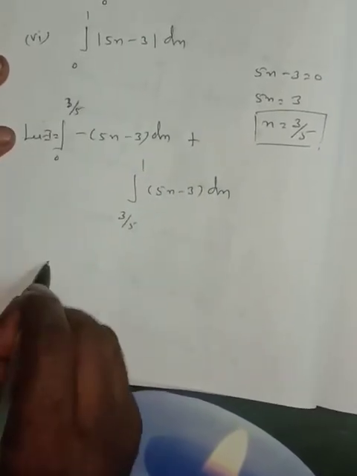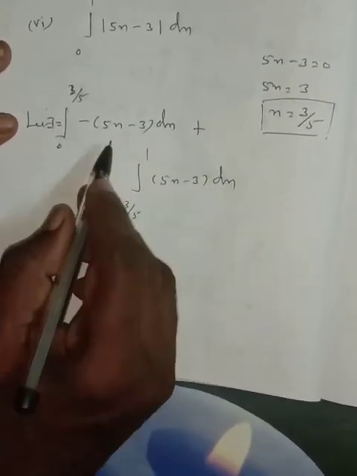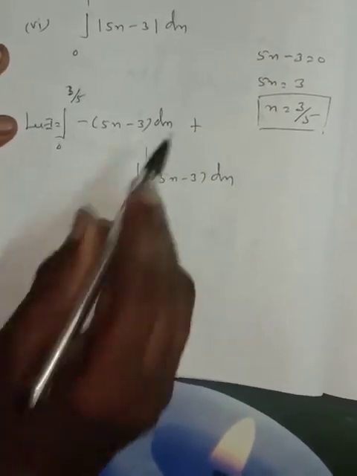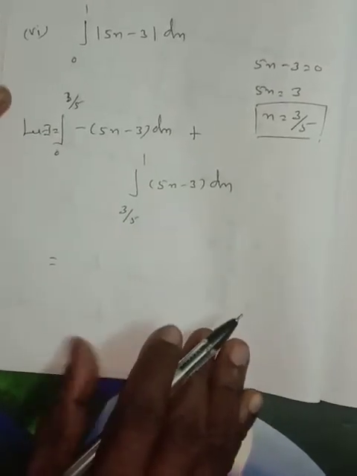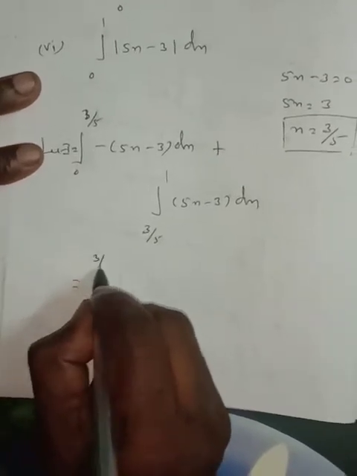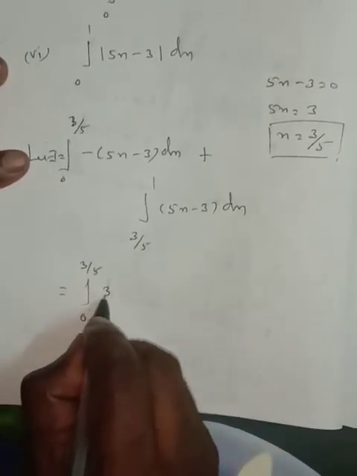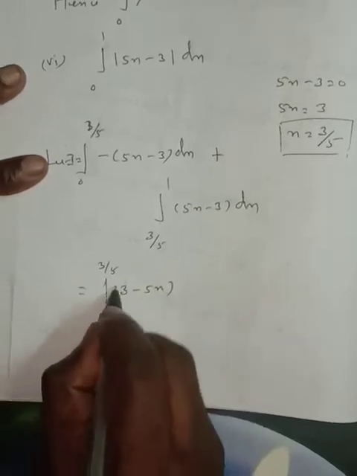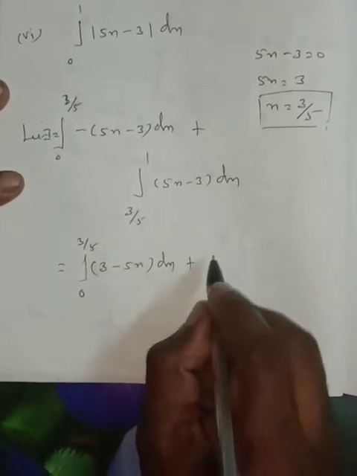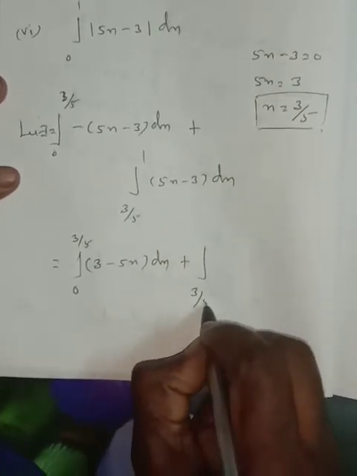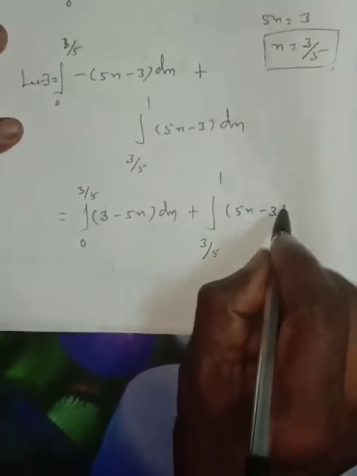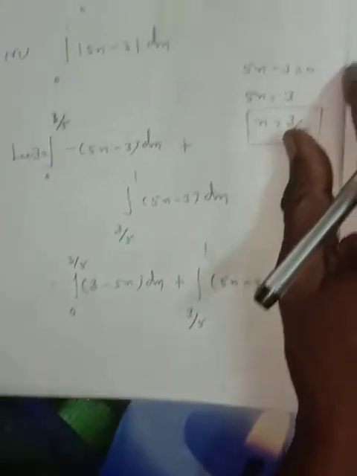I, the given problem, is equal to, interchanging the negative side inside the bracket, integral 0 to 3 divided by 5 of 3 minus 5x into dx plus integral 3 by 5 to 1 of 5x minus 3 into dx.